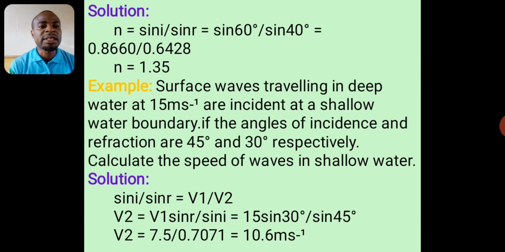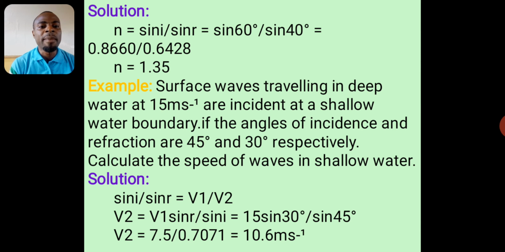Let's take a second example. Surface waves traveling in deep water at 15 meters per second are incident at a shallow water boundary. If the angles of incidence and refraction are 45 degrees and 30 degrees respectively, calculate the speed of waves in shallow water. If you look at the solution, we already know our refractive index formula, sine i over sine r, which is also equal to v1 over v2.